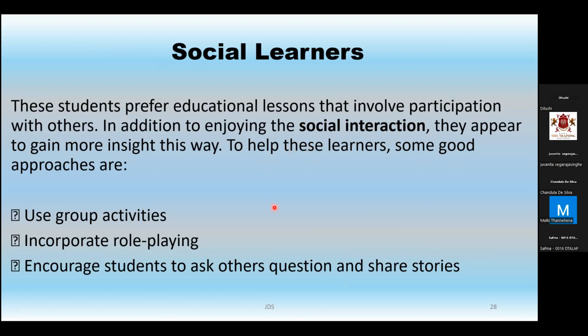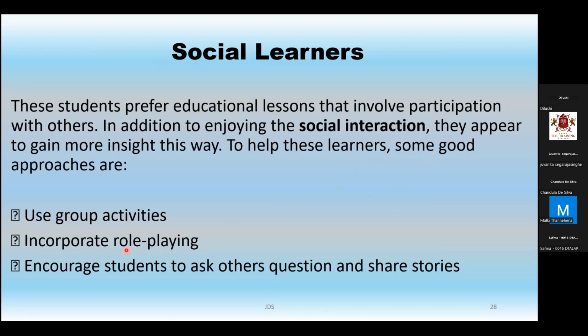So as long as they interact with people, converse or communicate with people, they tend to learn effectively, right? So by helping the other learners or by observing the other learners, they can easily learn things from them.